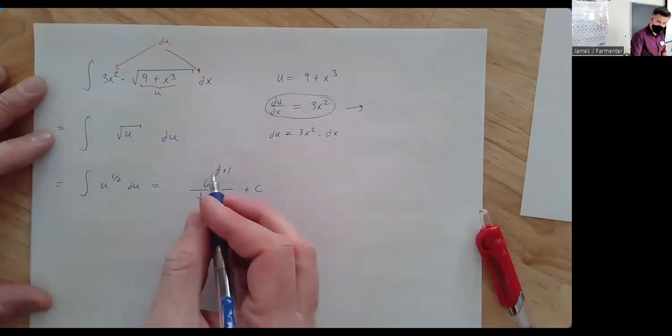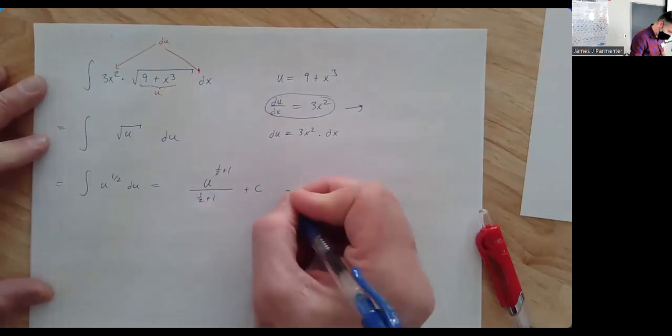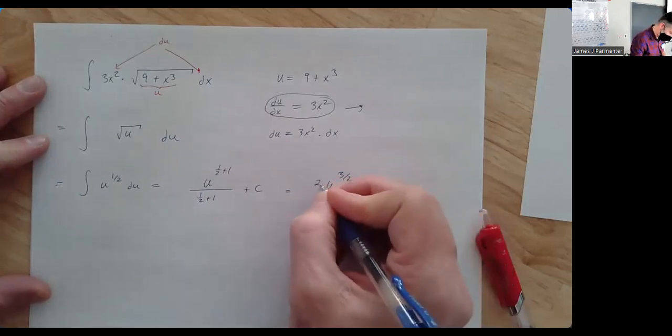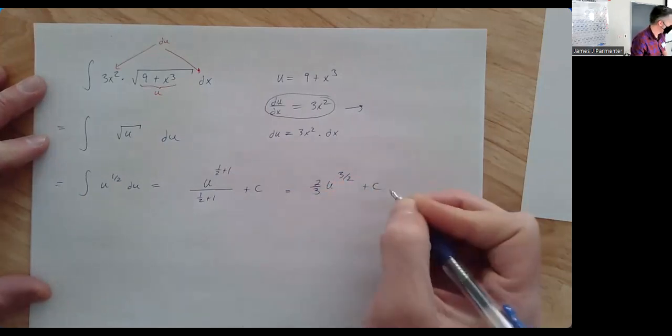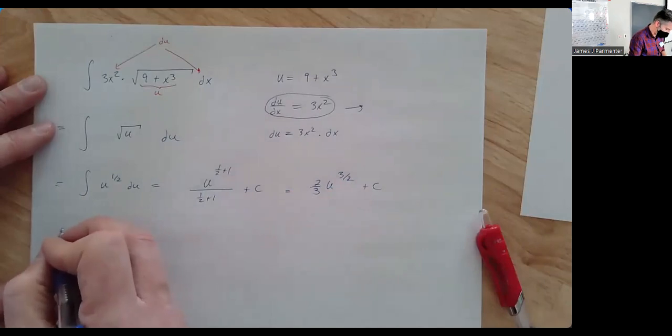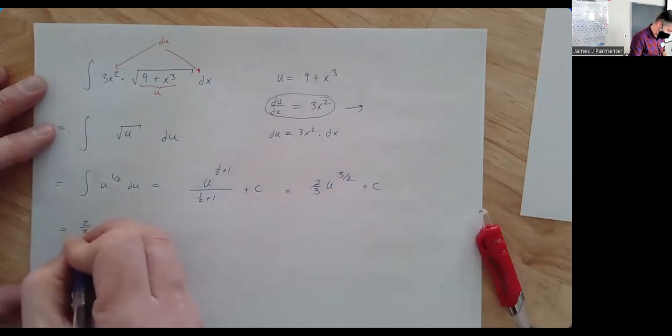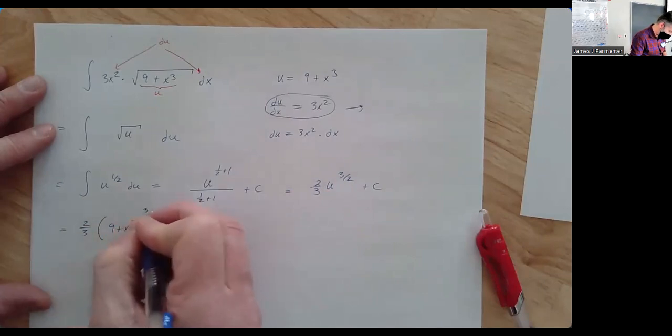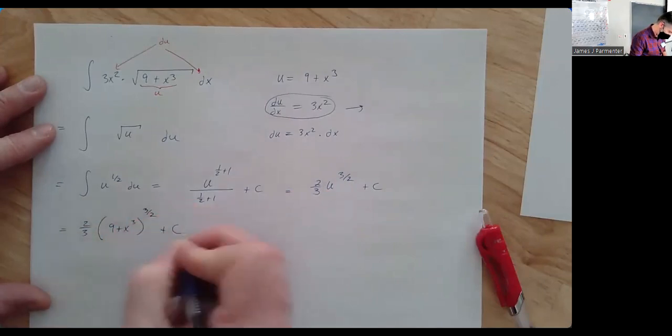We should simplify this. 1/2 plus 1 is 3/2, and dividing by 3/2 is the same as multiplying by 2/3. And then finally, we plug back in what u is equal to, and we get 2/3 times 9 plus x cubed to the 3/2 power.